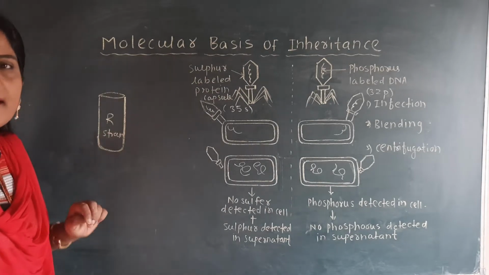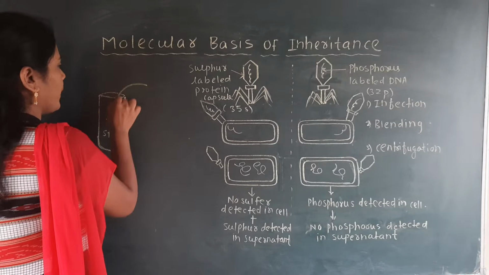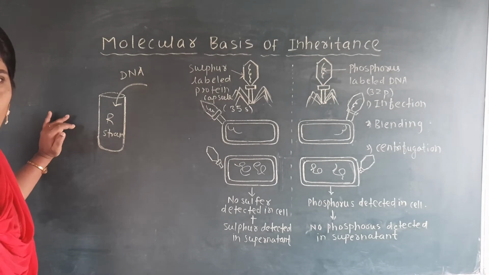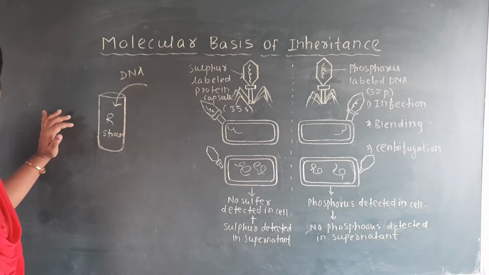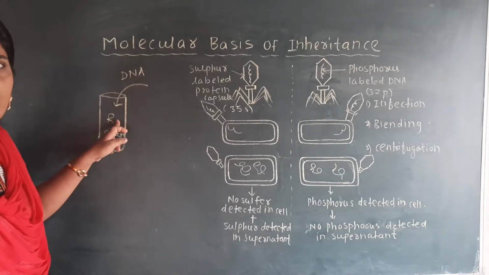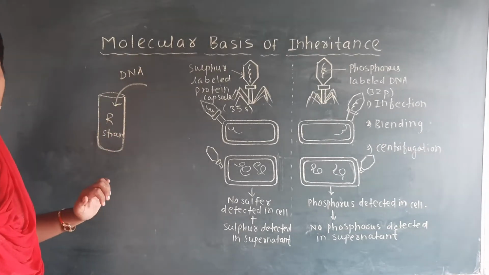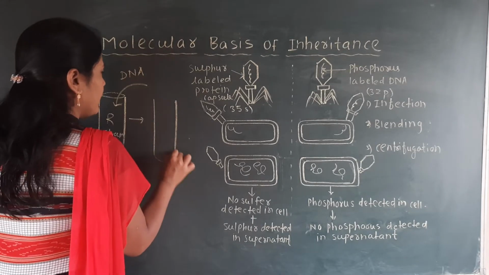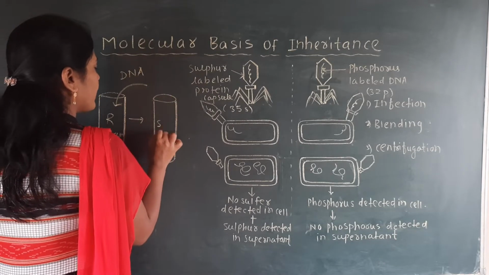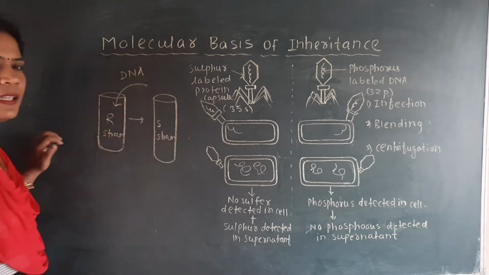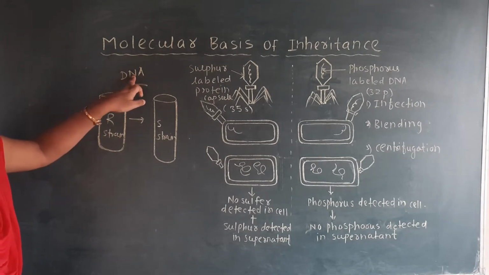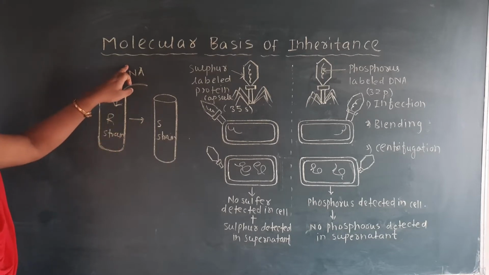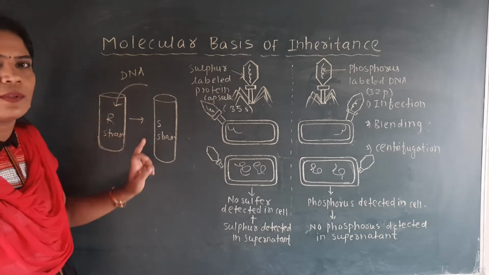At the same time, in that same test tube, they poured the DNA isolated from the dead S strain, into the test tube which has the live R strain. They found that all the R strain in this test tube gets converted into S strain, because the R strain picks up the DNA of the dead S strain, and due to the transmission of the DNA into R strain, it gets converted into the S strain.